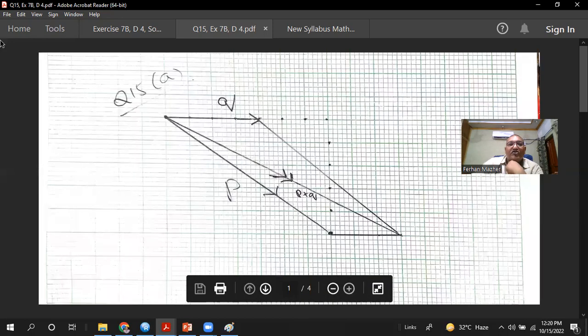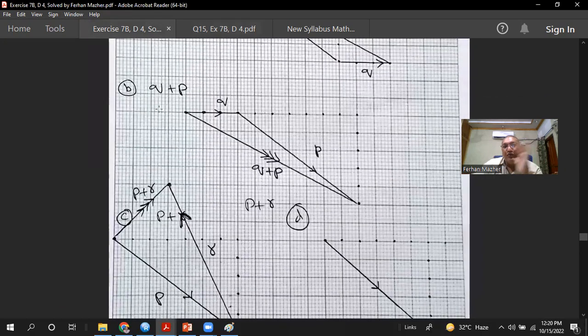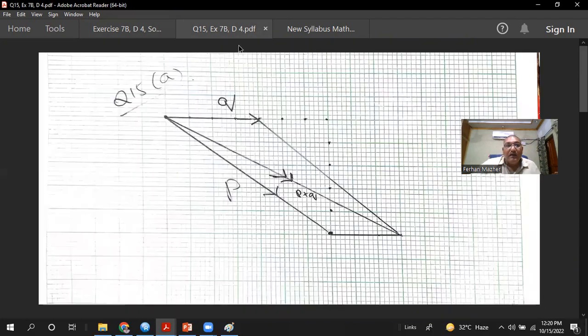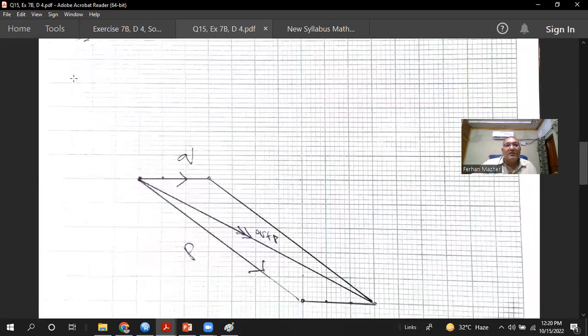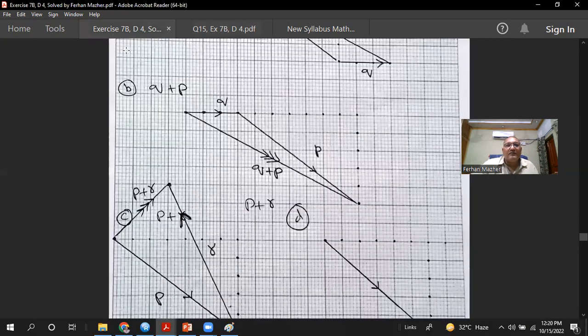Okay. So here the Q plus P is done with the help of the triangular law. And here the Q plus P is done with the help of the parallelogram law.